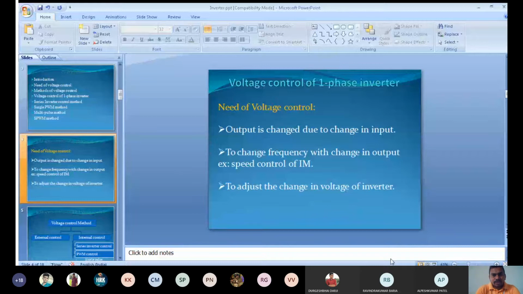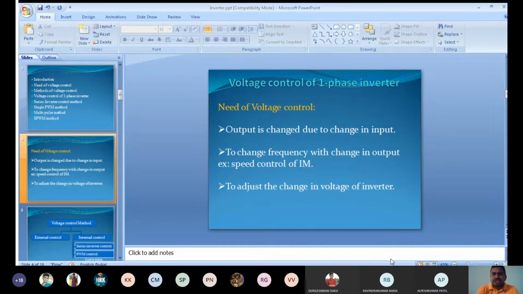First of all, why is voltage control required? The function of the inverter is to convert DC into AC, so whatever output we are getting is AC. Now what happens when the inverter operates? We give a DC supply to the inverter and get output from it.